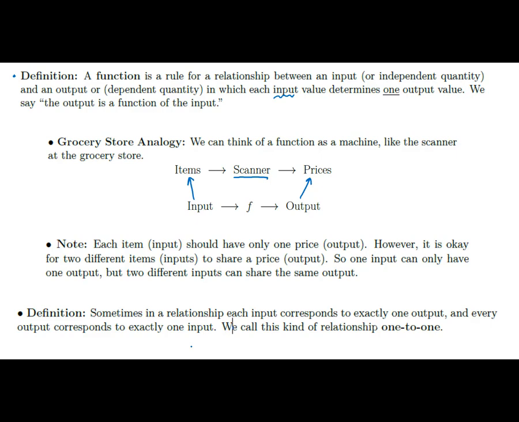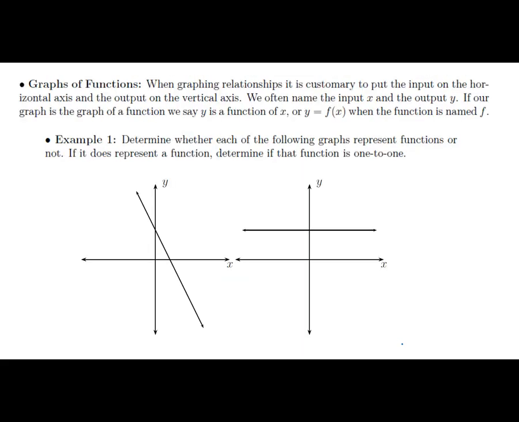So in our grocery store analogy, that would be like saying that no two items in the store have the same price, right? So in other words, if I'm thinking of the number $3.12, only one item in the store would be $3.12. Now, that's not the case in grocery stores, so I think it's safe to say that a grocery store scanner is not going to be a one-to-one function. Okay, so this is just this other definition that we'll take a look at, and I think it'll be a little easier in our next example here, where we explore this a little bit further.